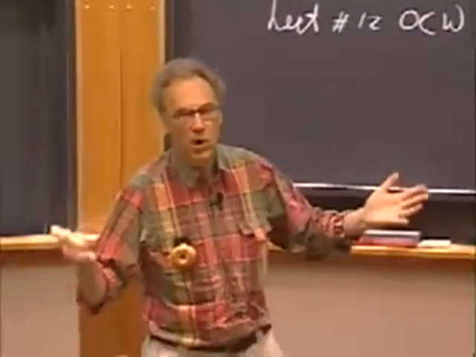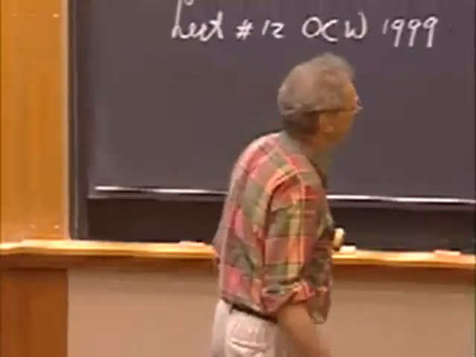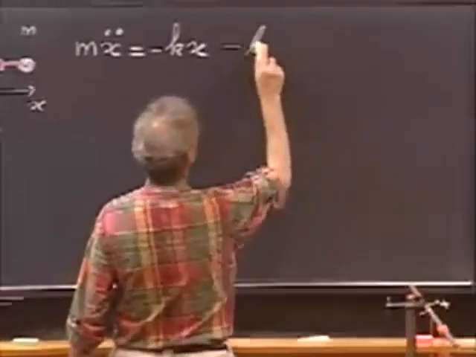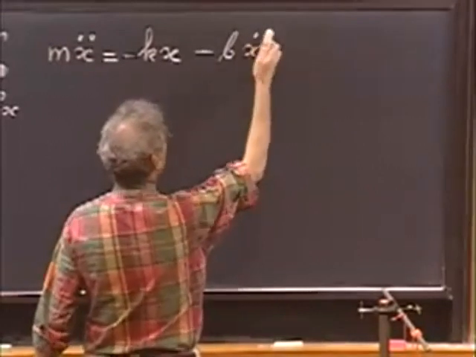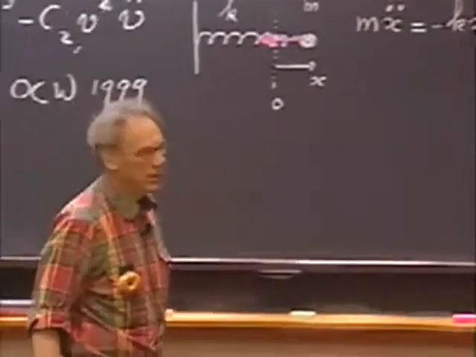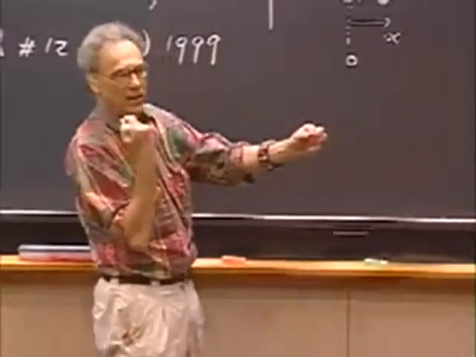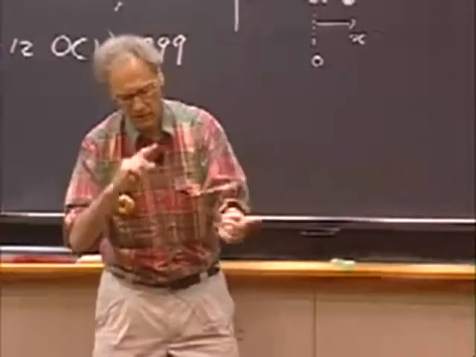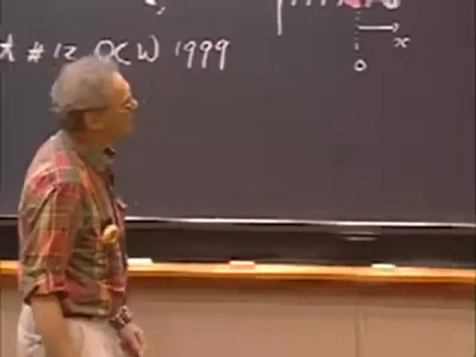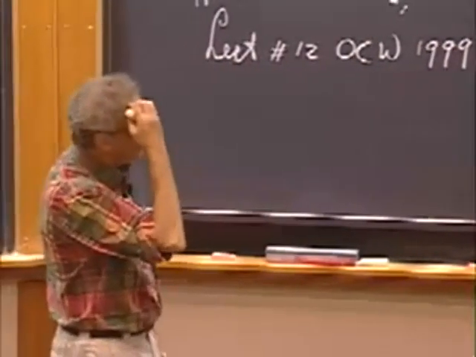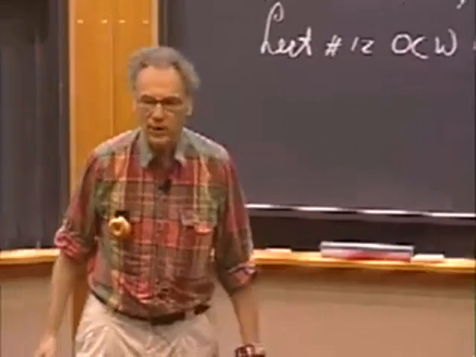In other words, we have minus B times x dot. X dot is a velocity, and if the velocity is positive, then the force is in this direction. If the velocity is negative, then the frictional force is in that direction. So that now is the differential equation that we have to solve.